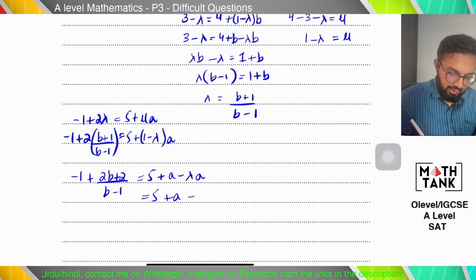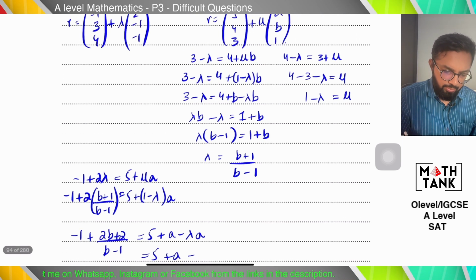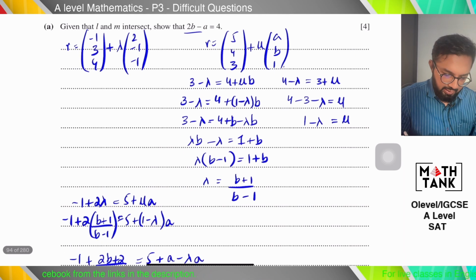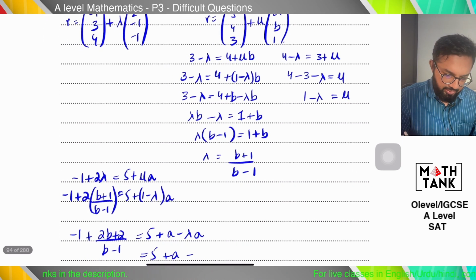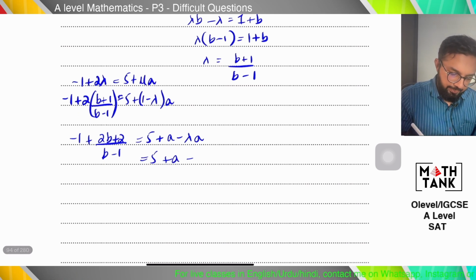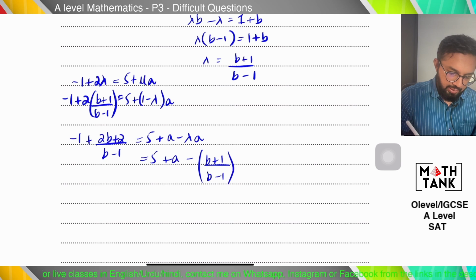It's become a little more complicated than I wanted it to be. Let me see if I can simplify that. No, I think that's as complicated as it gets. So lambda is then b plus 1 over b minus 1 times a.